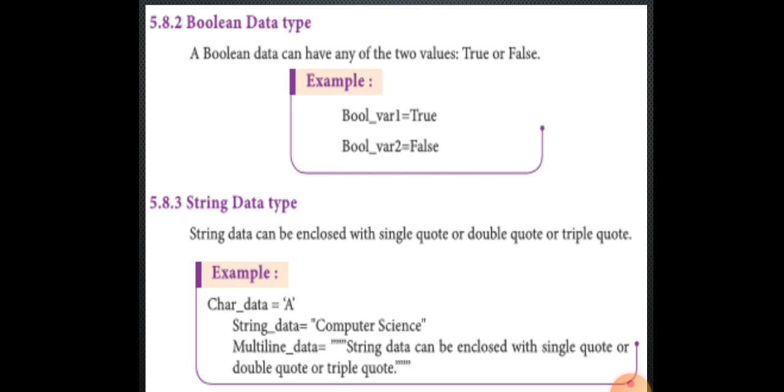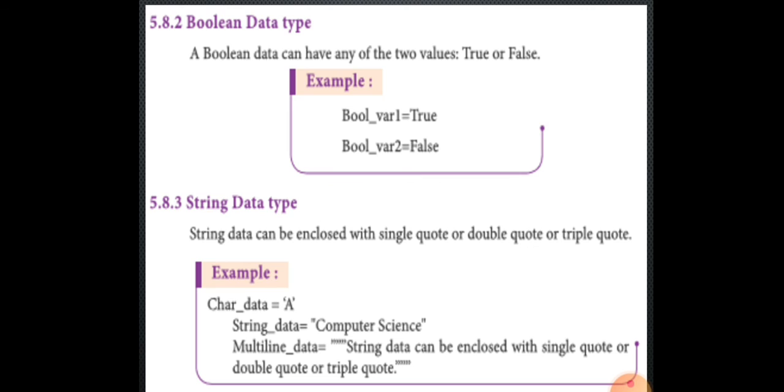In Python we have only the string data type. So if you specify only a single character, that character is also considered a string data type.